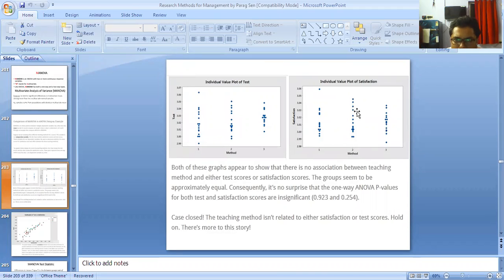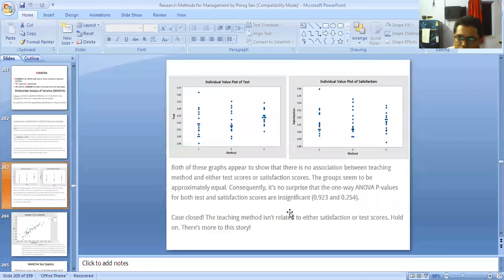So teaching method is not affecting the test score or the satisfaction score. And that is what you are also getting from one way ANOVA.